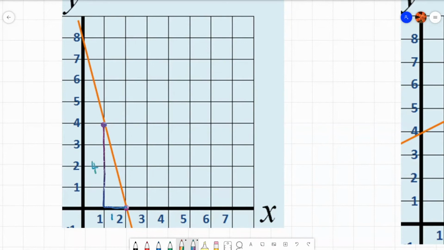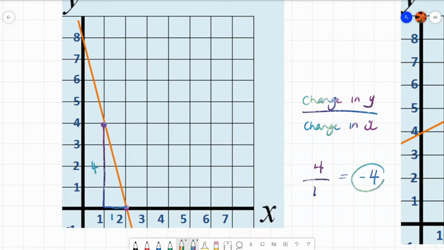So I'm going to do change in y divided by change in x. The y is 4 divided by 1, which is 4. But remember that the straight line is going downhill, so it's a negative gradient, so it's going to be -4. So this is how you work out the gradient of a line. I hope it was useful. Thank you for watching.